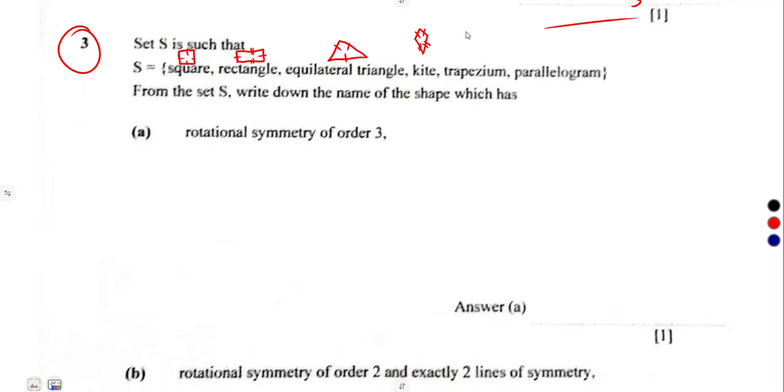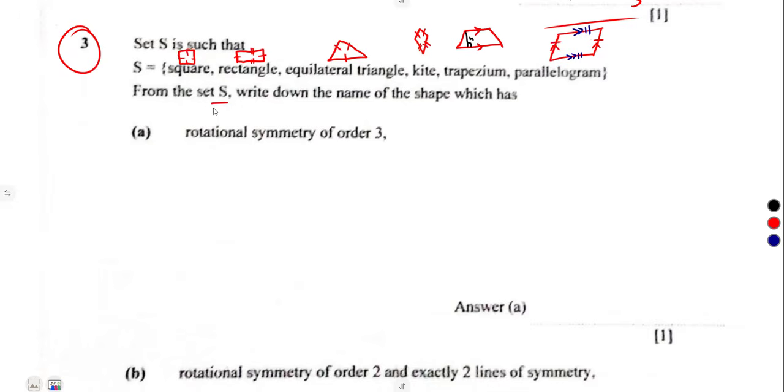Then we've got a trapezium, which has one pair of parallel sides, and we're going to consider the perpendicular height. Then we've got a parallelogram where opposite sides are parallel and equal. So these are the shapes that are representing the set S.